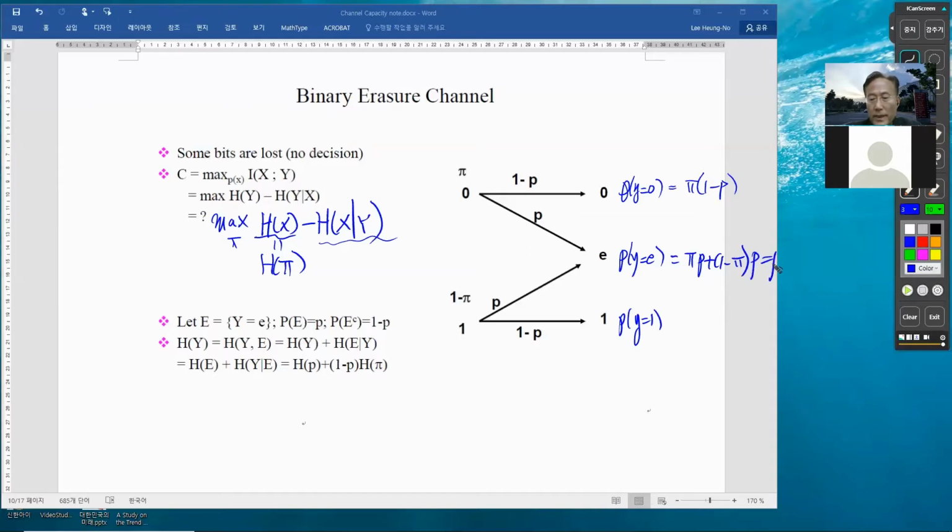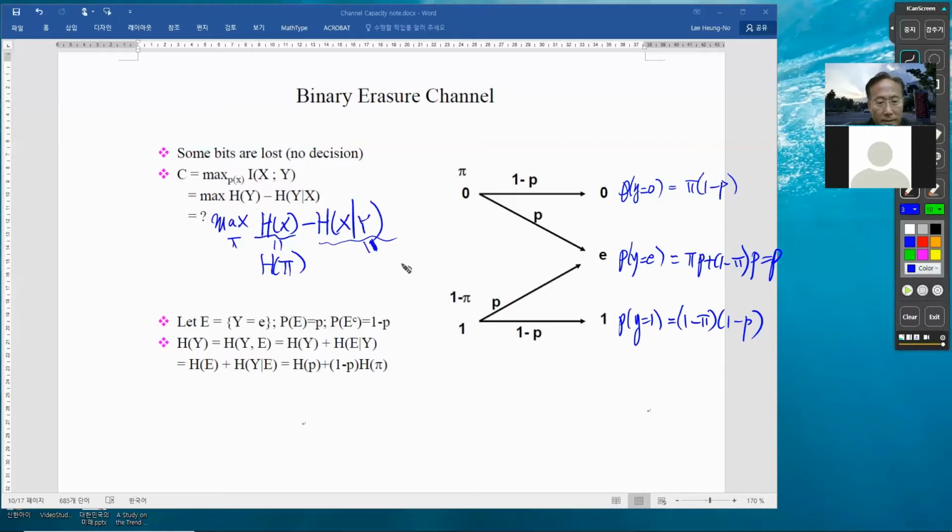So this is p. And this one is (1 minus pi) times (1 minus p).